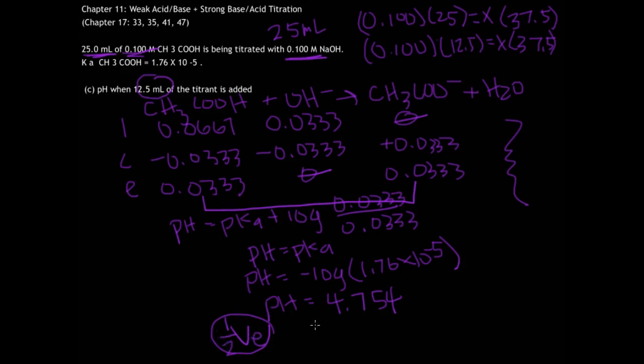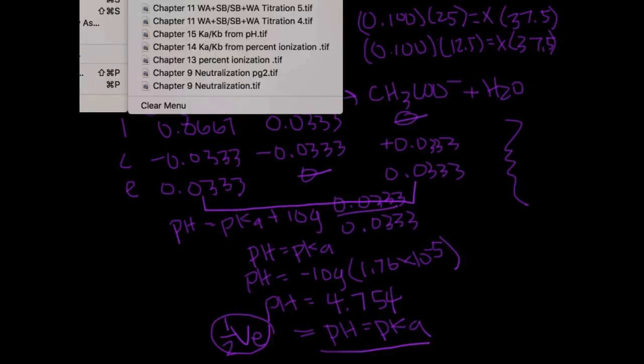Well, half of the equivalence volume will always be pH equals pKa. Always, for any weak-strong titration, whether it's weak acid, strong base, or weak base, strong acid, pH equals pKa at this point. All right, moving on.